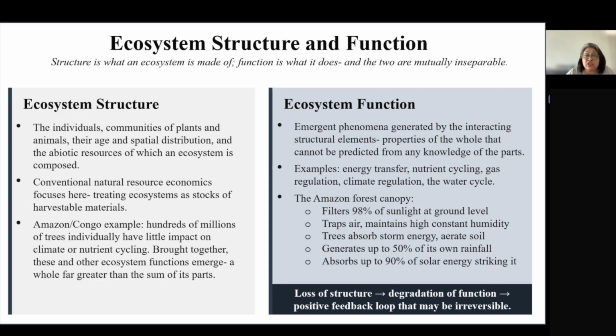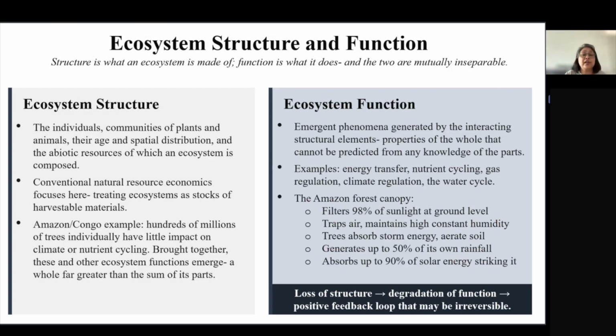For example, energy transfer, nutrient cycle, gas regulation, climate regulation, these are functions that an ecosystem provides. None of these are properties of any individual organism. They emerge from the system as a whole. So it is not that climate regulation is a standalone property. Climate regulation, water cycle, nutrient cycle, all of these emerge from an ecosystem as a whole.